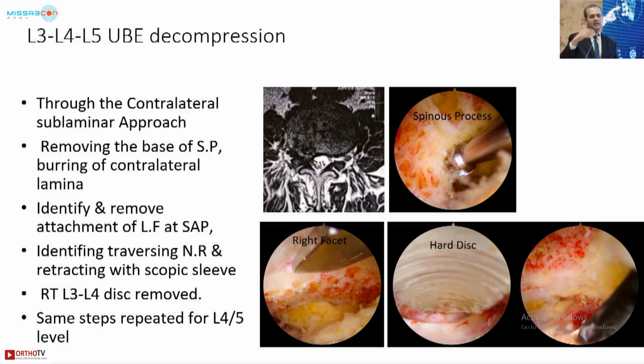So this way, we can undercut the facet and prevent instability, so that fusion at the upper lumbar levels can be prevented.